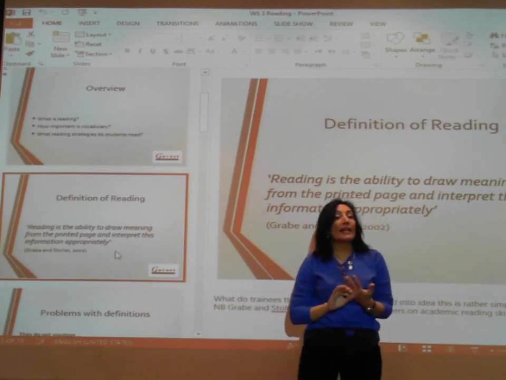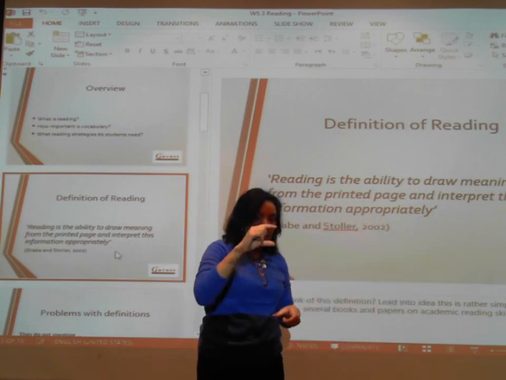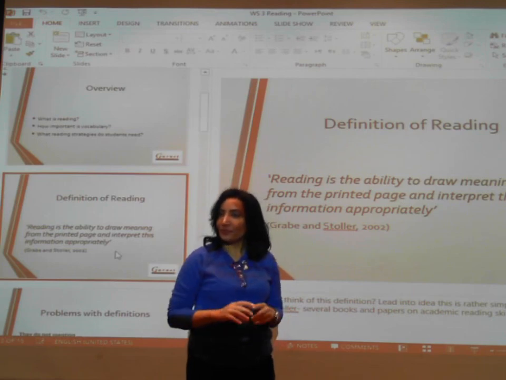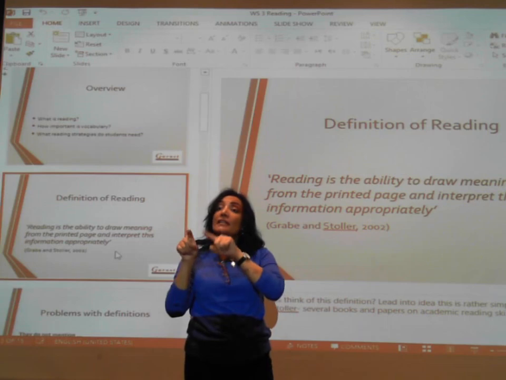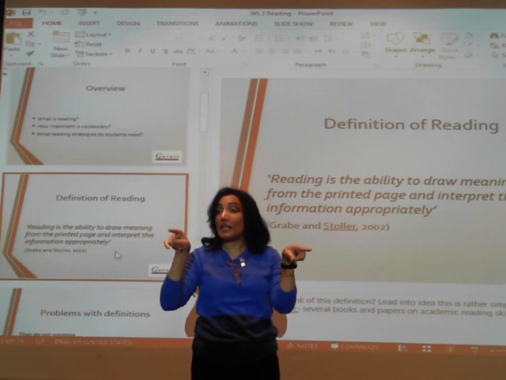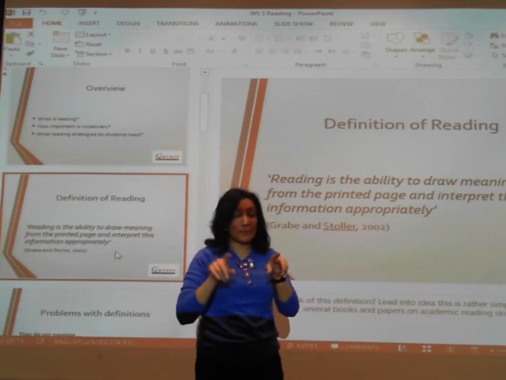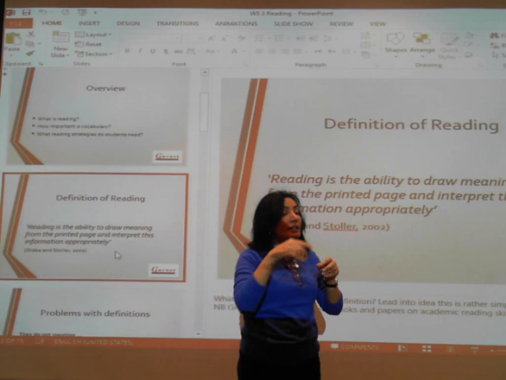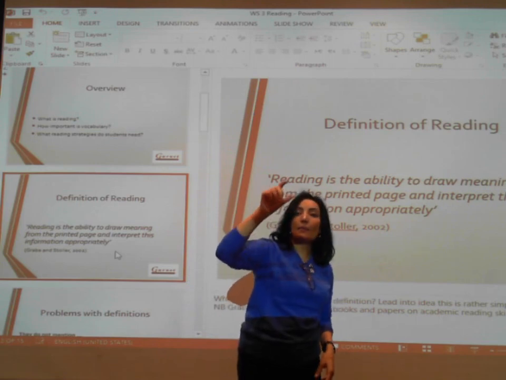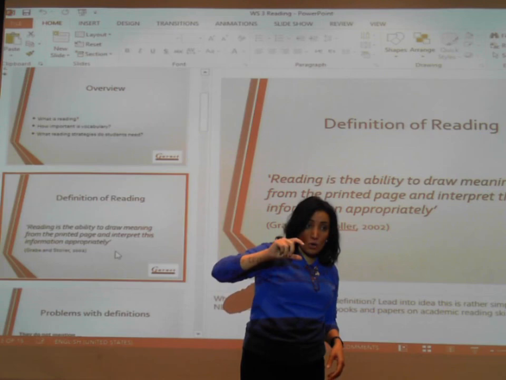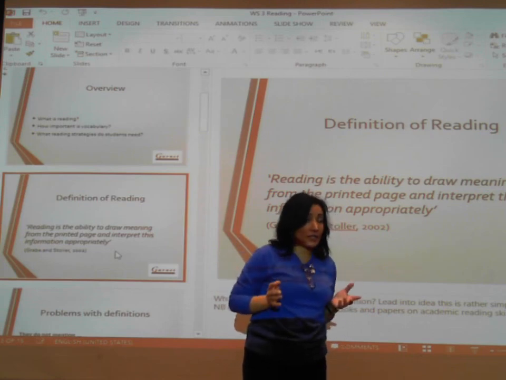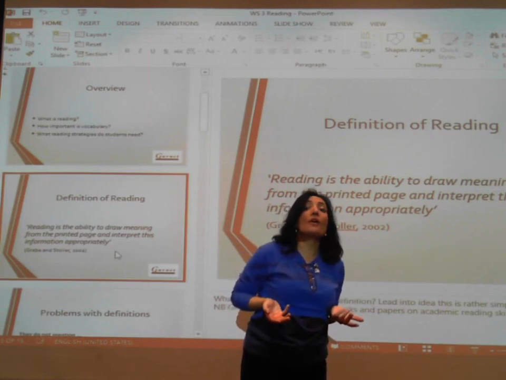What's the second level? Try to guess or to understand words which are not known to them. Yes, the vocabulary that I could identify has a meaning, right? And I need to understand how that passage is being organized, the concepts, how they are being discussed.